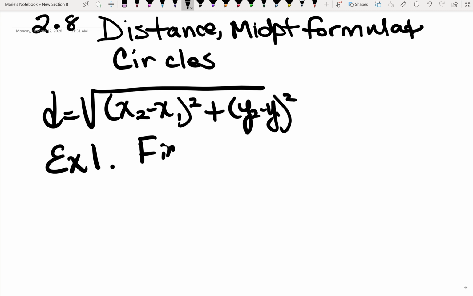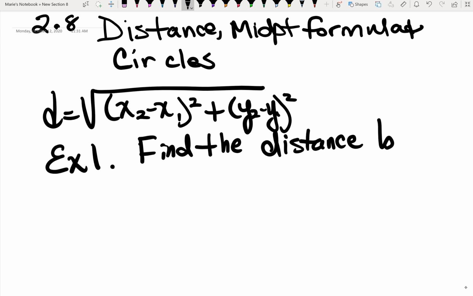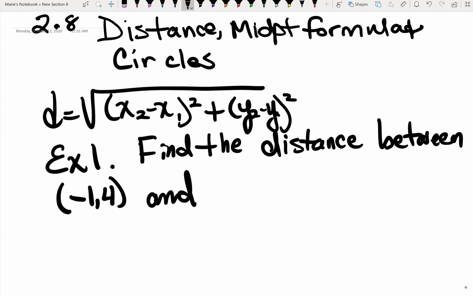It says find the distance between, then they give you the points -1, 4 and 3, -2.